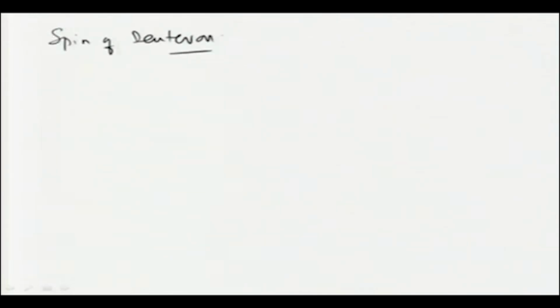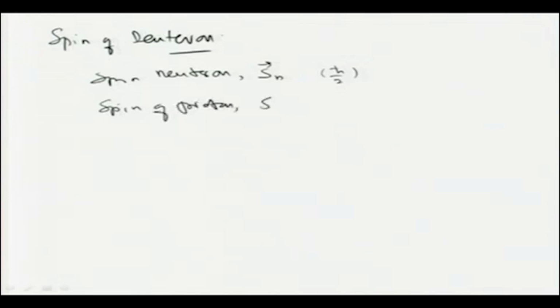The deuteron has a neutron in it, and the spin of the neutron, let me denote it by Sn, its actual value is h cross by 2, and the spin of the proton, let me denote it by Sp, is again a spin half particle. So, these two are the constituents of this deuteron.